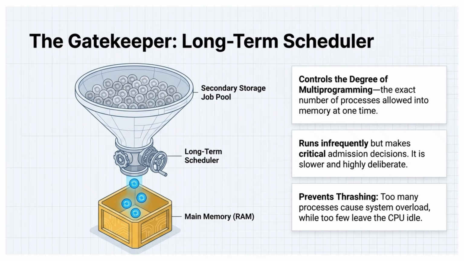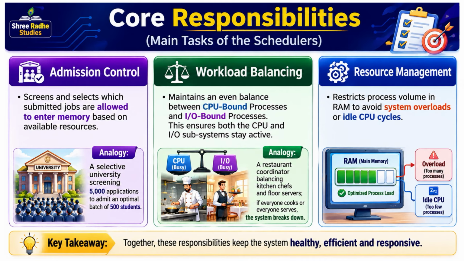The long-term scheduler performs three major responsibilities. First is admission control. It decides which submitted jobs should be loaded into memory based on the available system resources. Second is workload balancing. It maintains a healthy balance between CPU-bound and I/O-bound processes.